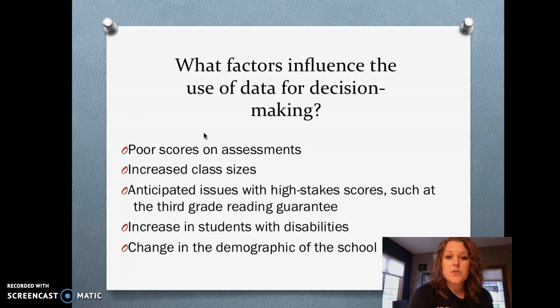What factors influence the use of data for decision making? I was thinking of a couple with this question: poor scores on assessments, increased class sizes. I teach one class of 8th grade reading, and this current 8th grade class really struggles.